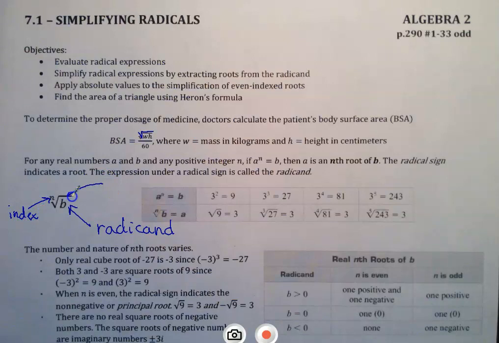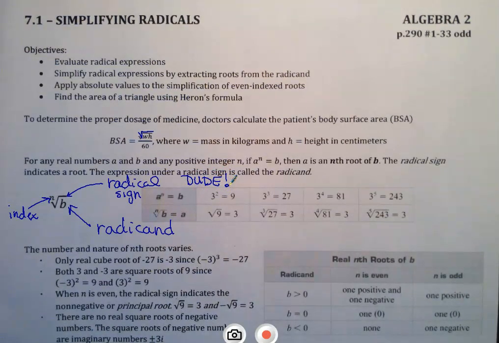And what's this thing called here? Not the square root. It's the radical sign. This is the radical sign. It is radical, dude. I could put dude over here. Okay, all right, I like it.